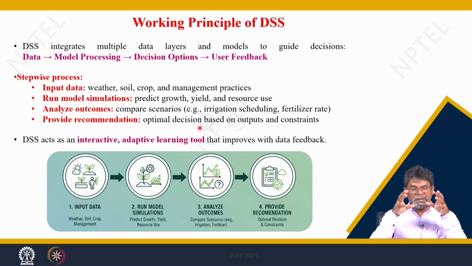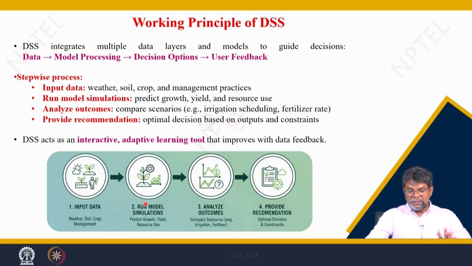But the information that has been generated must reach the end users. If it does not reach the end users, then that becomes a partly successful, not fully successful, you can say. So that is why the DSS can act as an interactive and adaptive learning tool that will improve the feedback. You give the input data, then run the models.